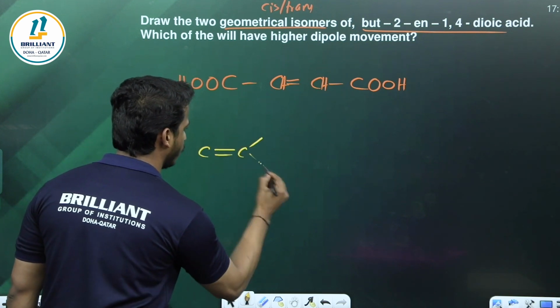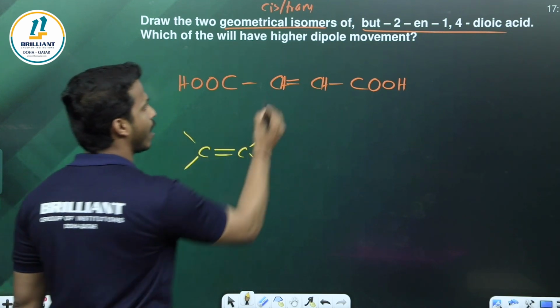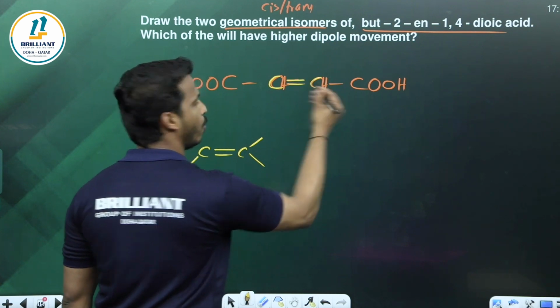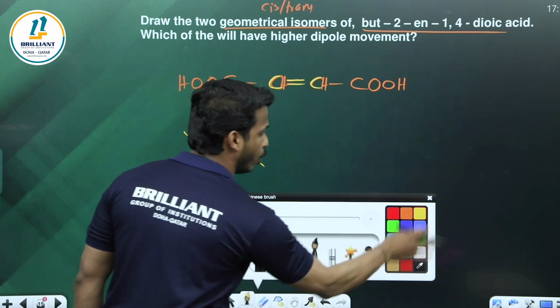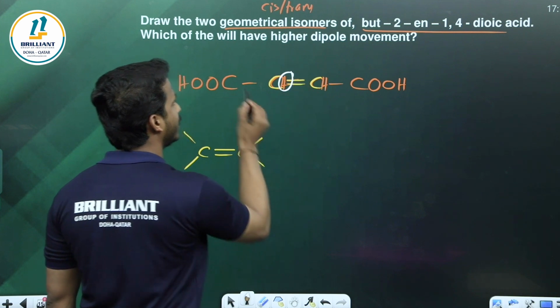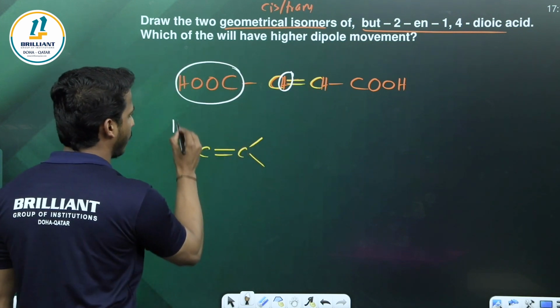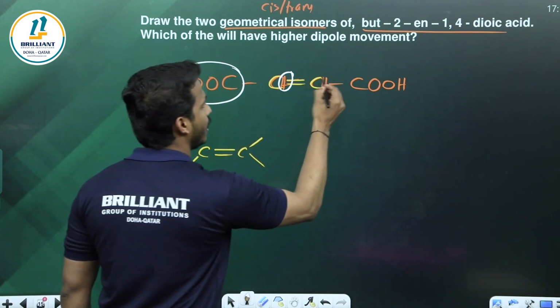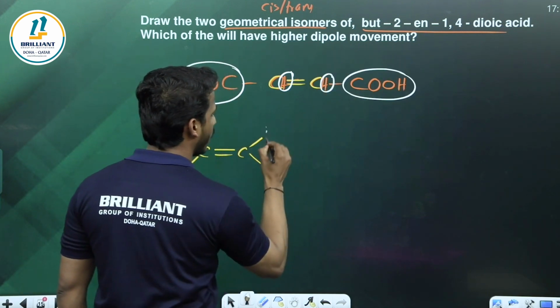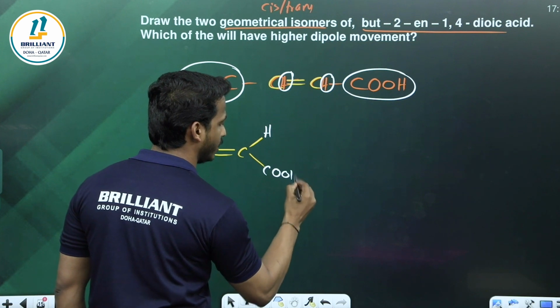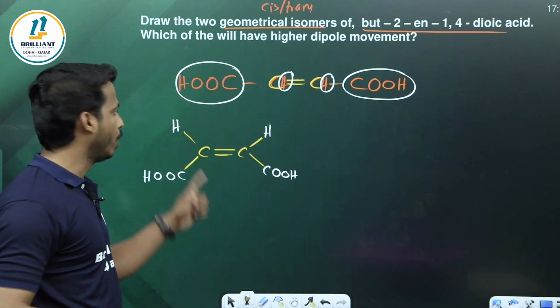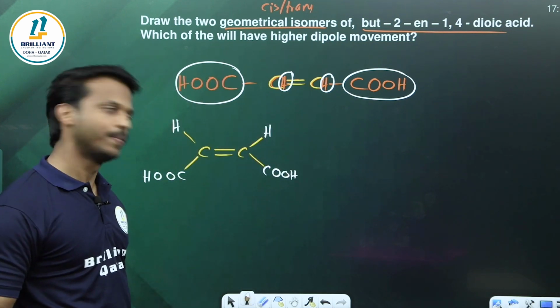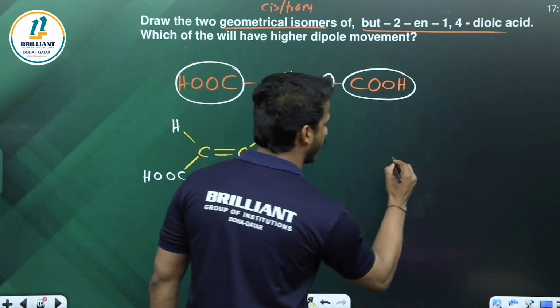You know, cis form means we will draw this one first. Which are these 2 carbons? These are the 2 double bonded carbons. Can you tell me what all groups are on this carbon? One hydrogen is there, one COOH is there. Let me place one H and COOH, right? Next, the other carbon also has one hydrogen and one COOH. Yes, we place. So this is cis form. You know, same groups are on the same side. What is the trans form of the same structure, dear all?